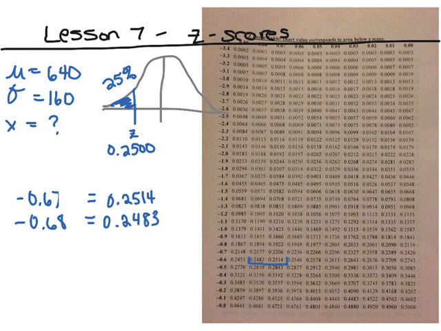So we know that the Z score with a percent of 25% is in between these two values. So we want to use Z to equal -0.675, so right in between those two numbers. Because it's not exact, you need to use both numbers to make it as precise as possible.